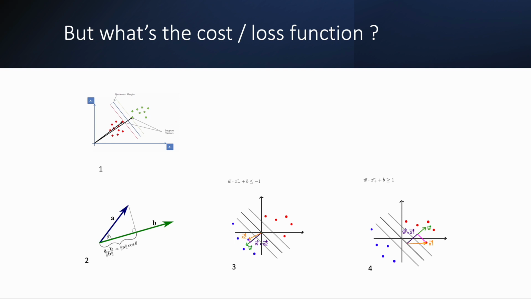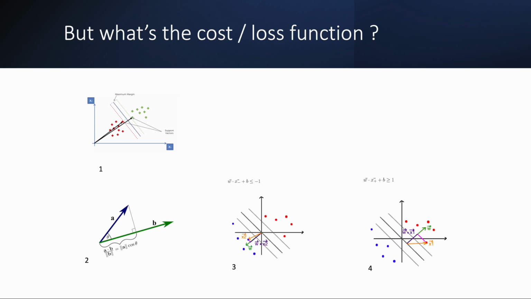So what is the loss or cost function in case of the support vector classifier or maximal margin classifier? Let's see that. To see that, we have to understand a basic concept called cosine similarity.